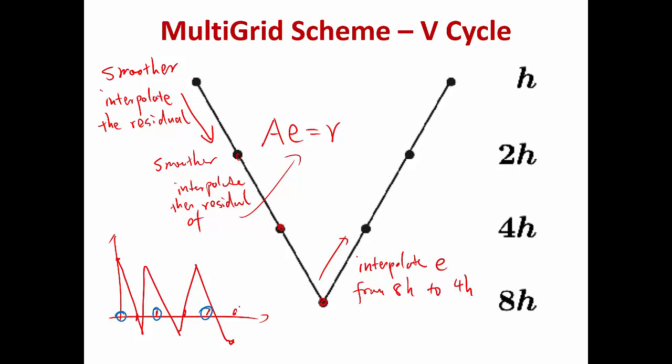If you perform an interpolation of that solution onto the coarse grid, you would pick up this point, this point, this point. Instead of a function that looks like this, you get a function that looks like this. It's completely different.